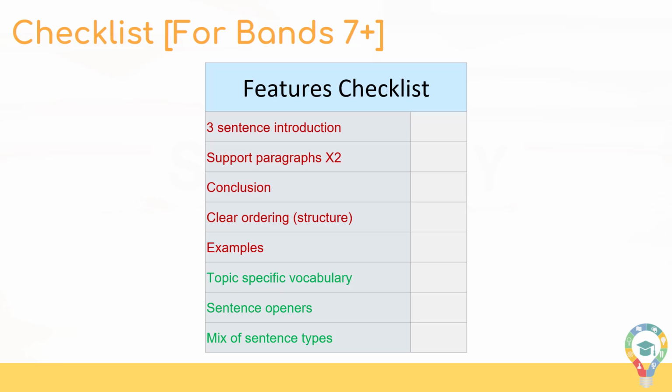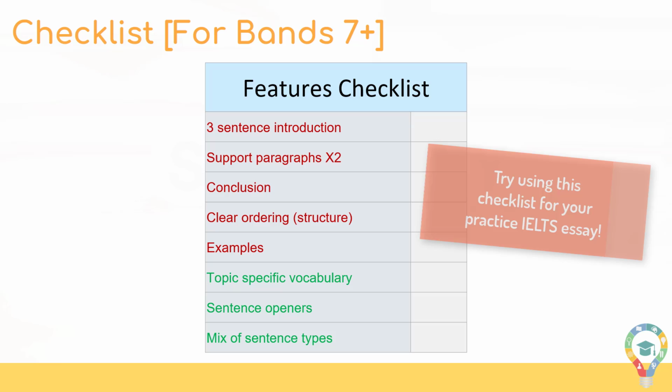Underneath we have topic specific vocabulary, and this will highly test your understanding of synonyms. Then we have interesting sentence openers, which will help to organise your writing, and of course a mix of sentence types.